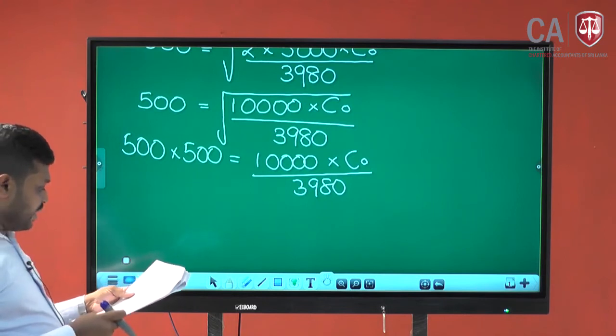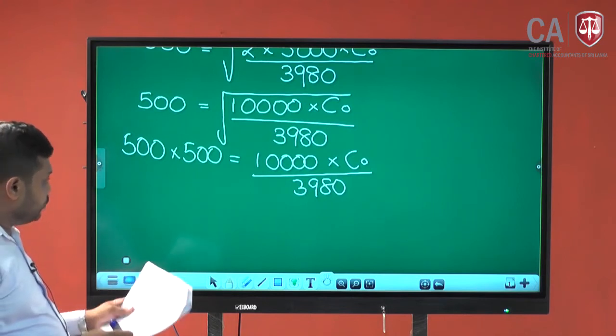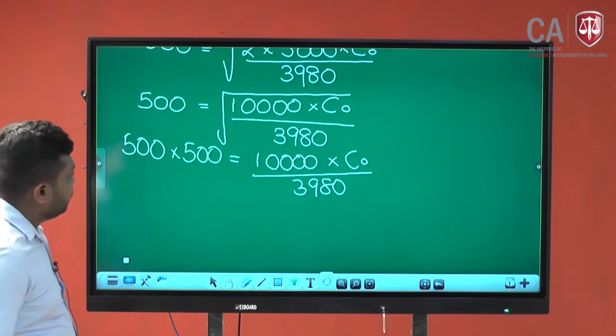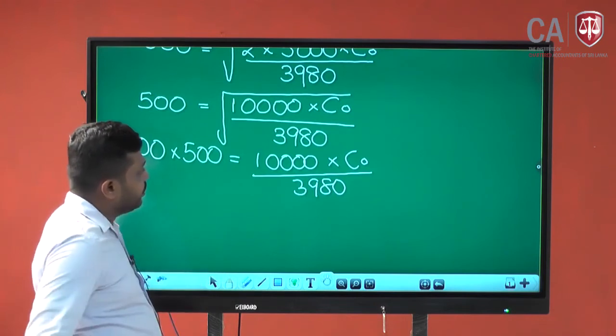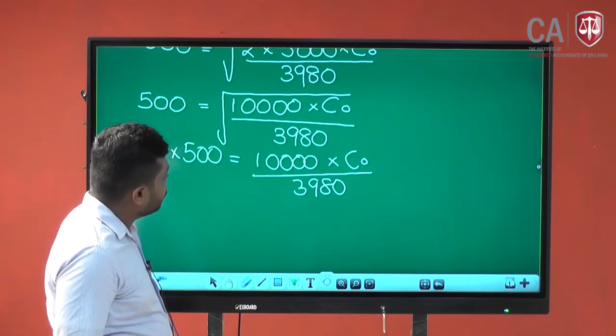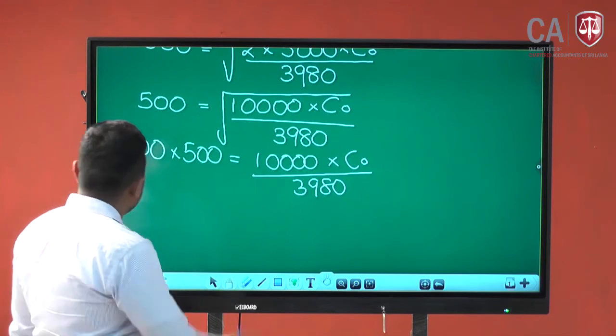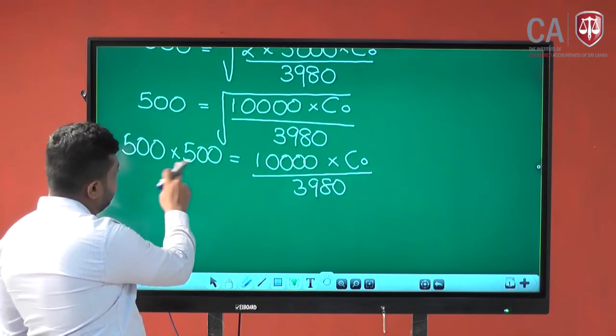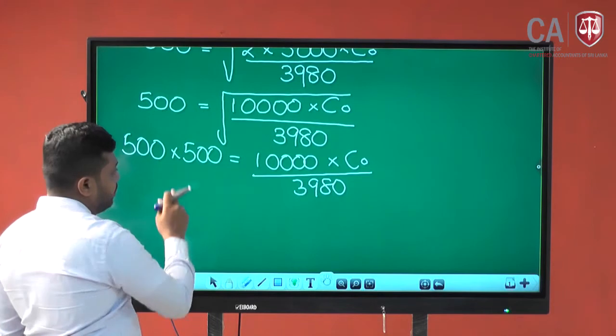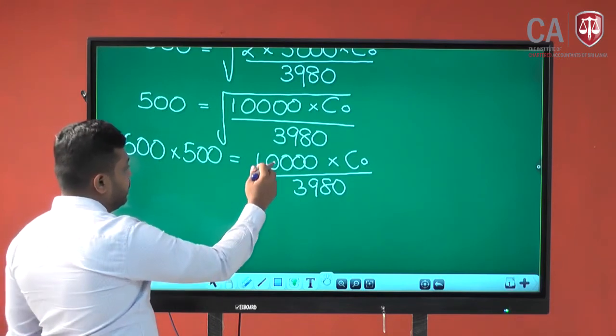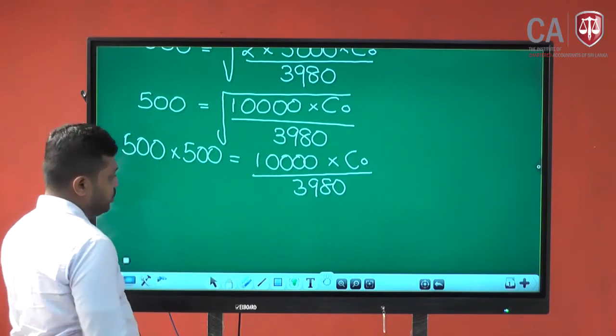Then you can easily find the solution. Cost of ordering is 500 into 500, multiplied by 3,980 and divided by 10,000.